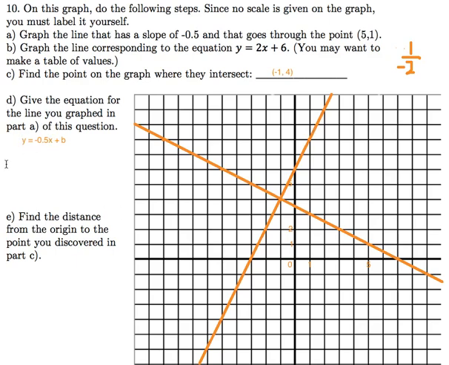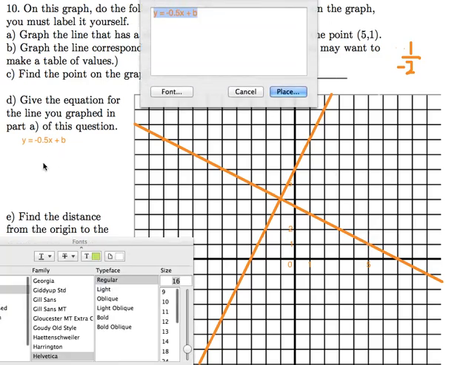If you're not sure what I mean, remember, we know that this point, 5 and 1, is on this line. And if I know the slope is -0.5, then let me rewrite this equation, and instead of putting x there and y there, I'm going to use the x-coordinate and the y-coordinate for the point that I know. So what that looks like is this. Instead of writing y here, I'm going to put in the y-coordinate that I know, which is 1, and the x-coordinate that I know is 5.